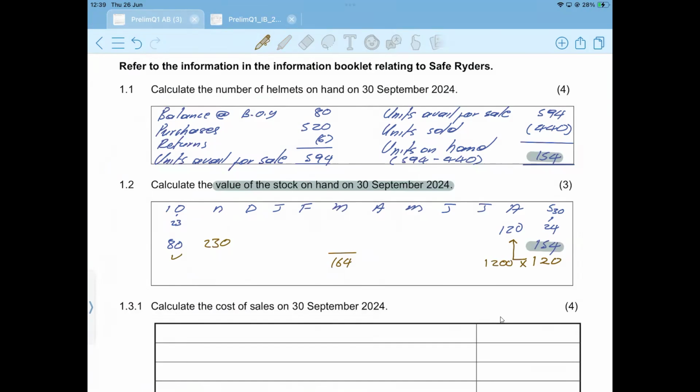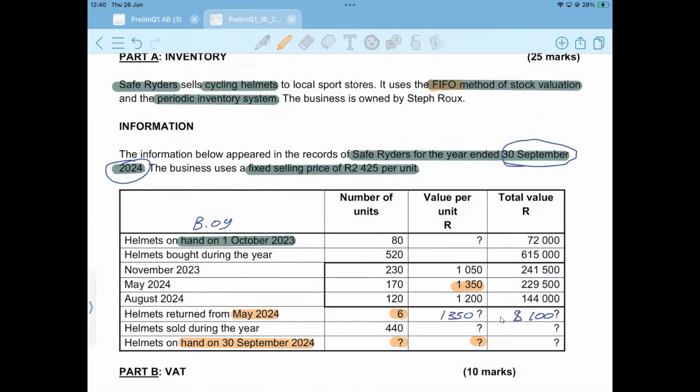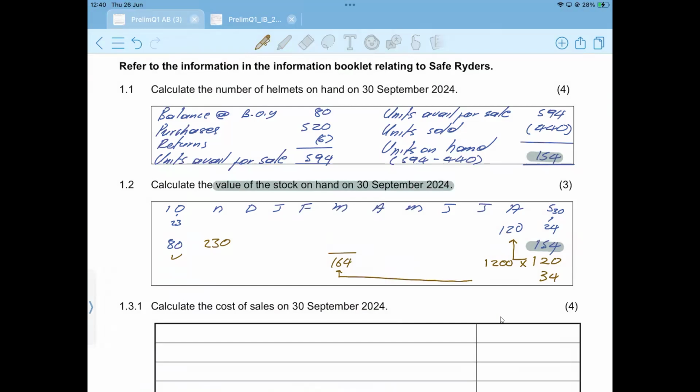And then the remainder, when you take 154, you minus 120, you'll be left with 34. This 34 will come from the second last purchase. And the cost of the second last purchase is 1,350.